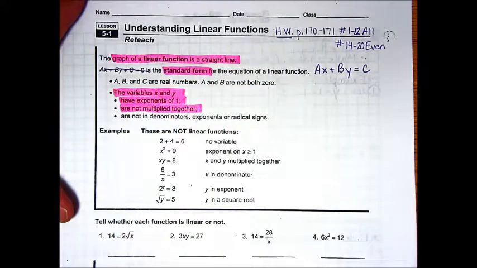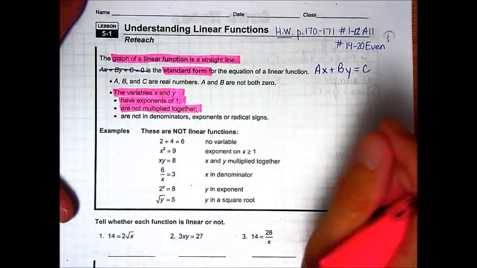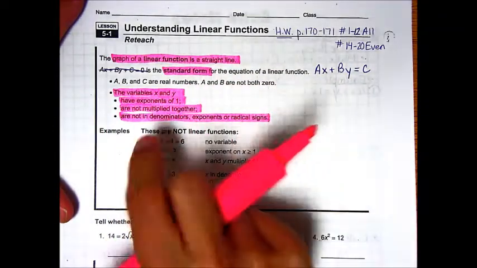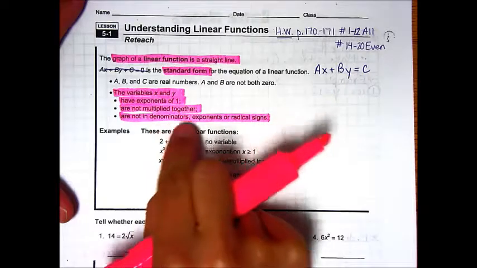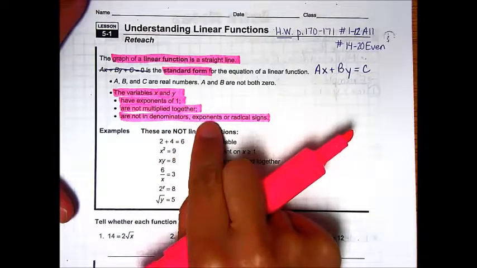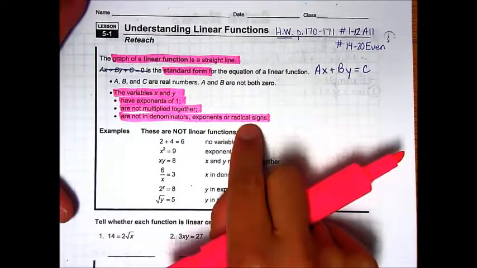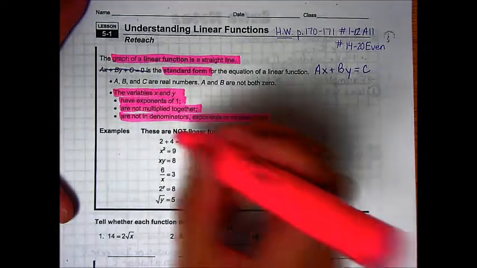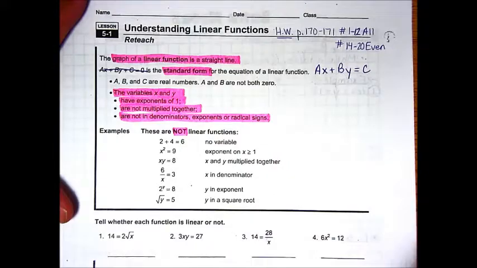The x and y are not multiplied together, and the x and y are not in denominators. The x and y are not the exponents, and they are not in radical signs. So these would all be examples of things that are not linear.